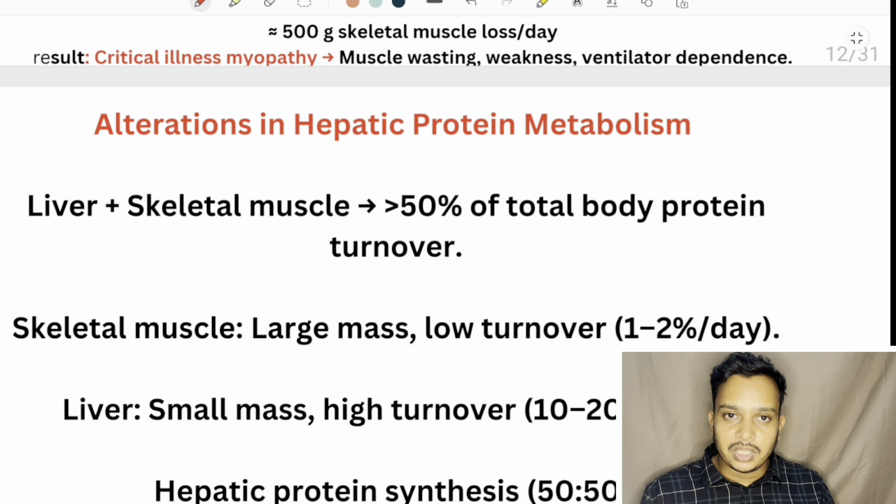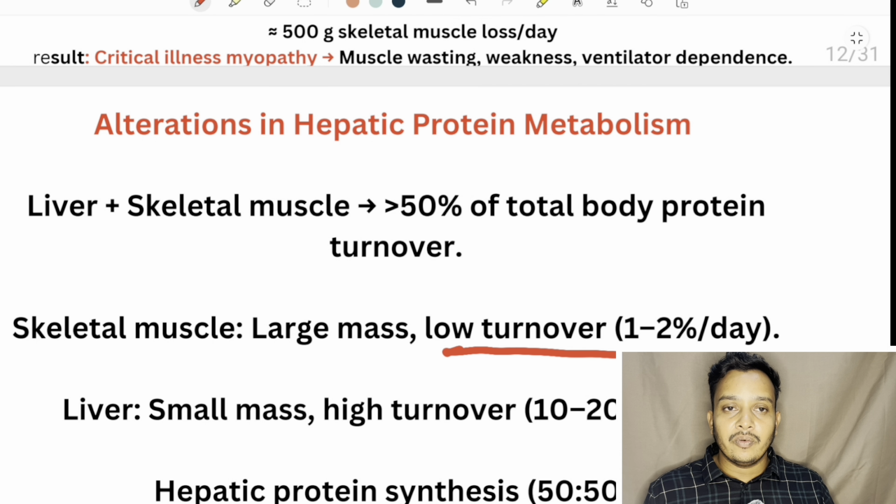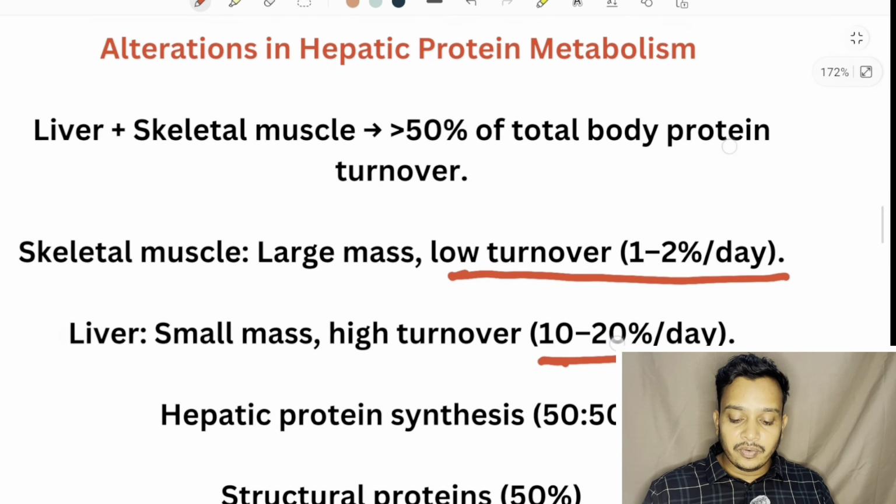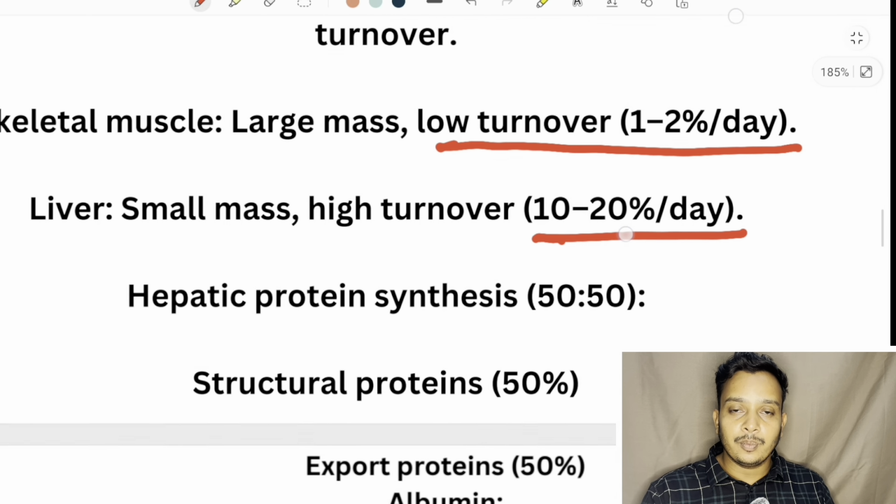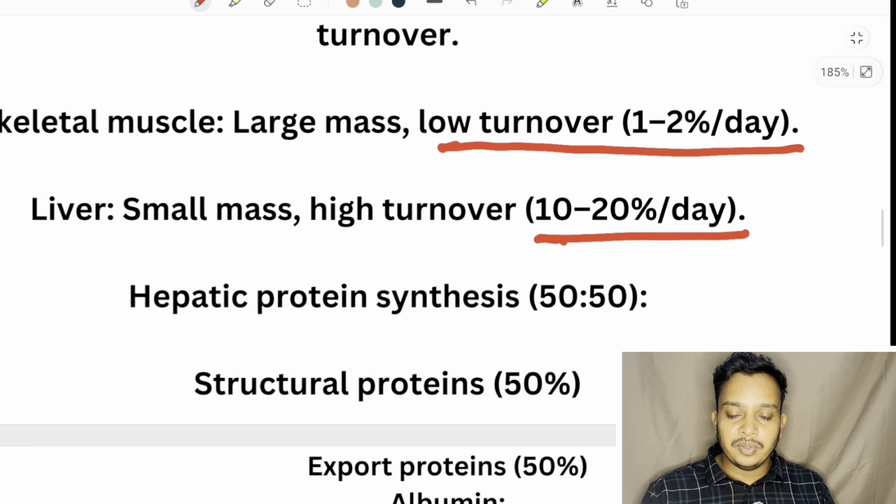Even though skeletal muscle protein mass is greater compared to the liver, it has a low turnover rate of 1 to 2% per day. The liver is small compared to peripheral skeletal muscle, but it has a high turnover rate of 10 to 20% per day. In the liver, hepatic protein synthesis is in a 50-50% state.